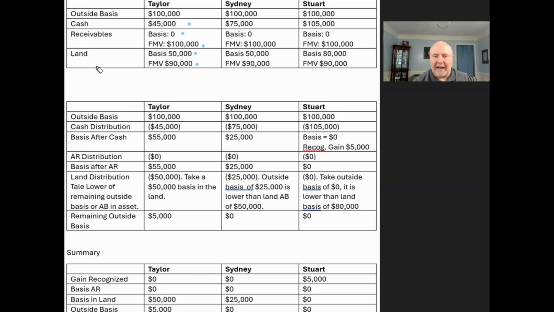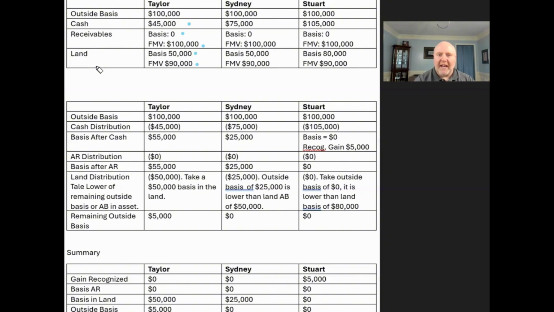Then we go to hot assets, receivables and inventory. And then we're dealing with all other assets: equipment, property, land, whatever it is. So what we first do is start out with cash for Taylor. Her outside basis was $100,000 and Taylor receives cash of $45,000.